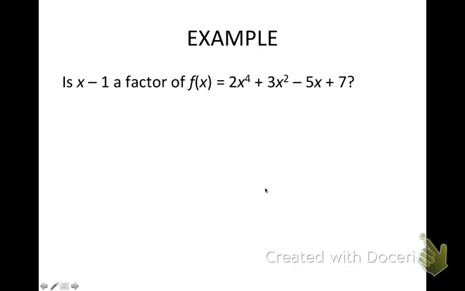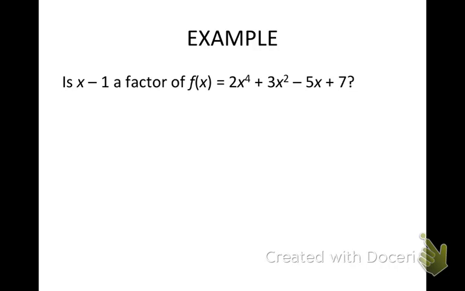So if I had x minus 1, and we're trying to figure out if x minus 1 is a factor of the function f of x equals 2x to the 4th plus 3x squared minus 5x plus 7, we can set up our synthetic division to see if that is a factor.